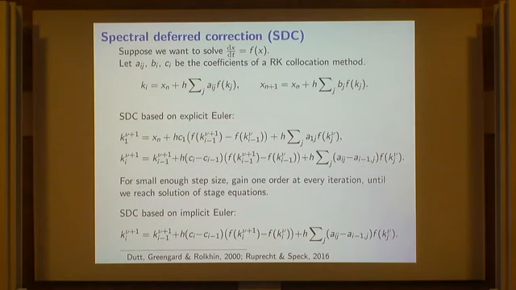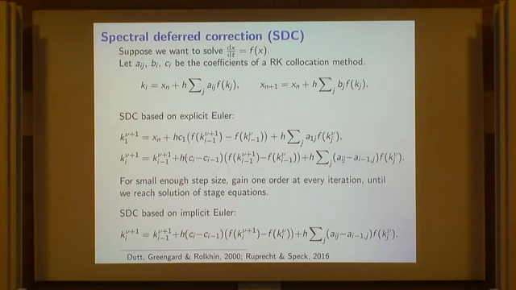There are different variants of spectral deferred correction depending on what is called the base method. This is the easiest variant, where everything is explicit. It's derived from a differential equation for the correction.